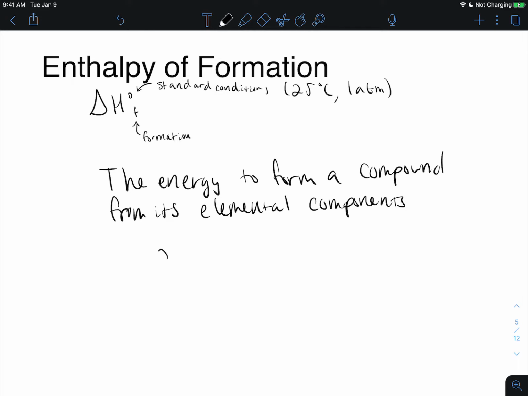For instance, let's take ethanol. Ethanol has carbon, hydrogen, and oxygen. So the elemental form of carbon is carbon solid.